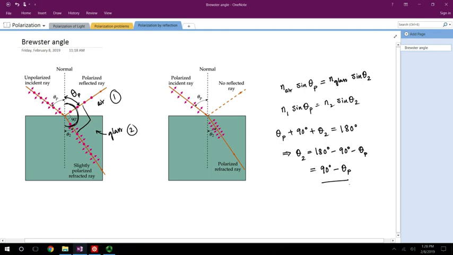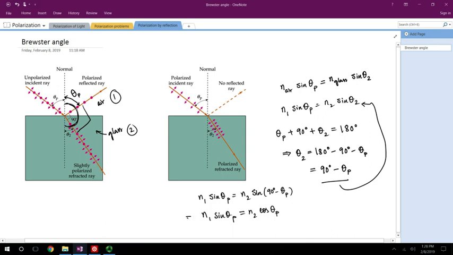Okay, so let's take this and plug this back into our equation over here in the Snell's law relationship. Then we have N1 sine theta p is equal to N2 sine of (90 degrees minus theta p). But what is sine of (90 degrees minus theta p)? That's also equal to cosine of theta p. So N1 sine theta p is equal to N2 cosine theta p. And we can go one step further, divide both sides by cosine of theta p and divide both sides by N1.